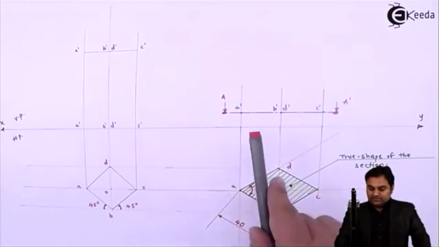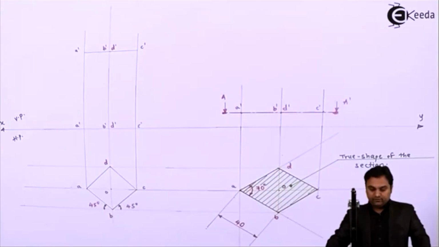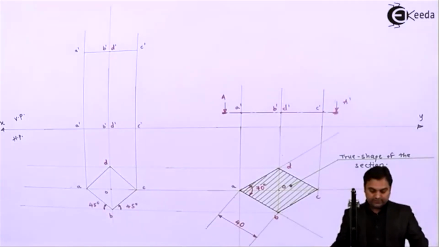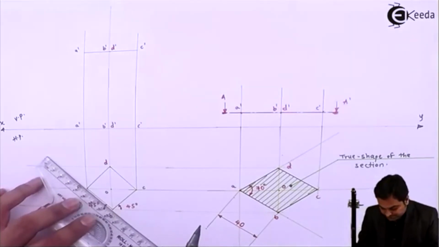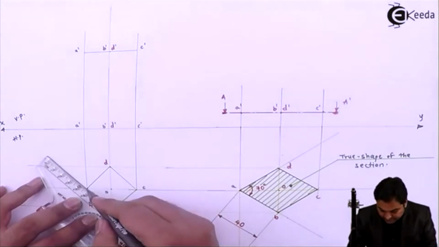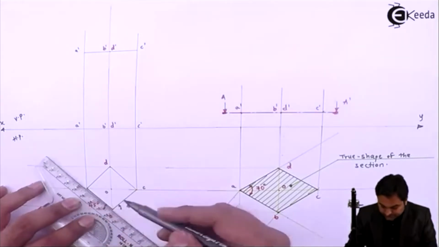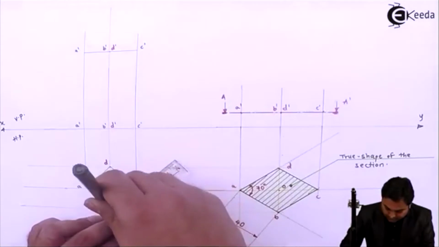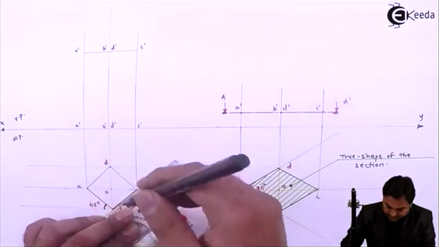Next, I have to adjust this cutting plane here, and for that, now we are going to get the sectional top view. It means there will be entire sectioning here. So for that, I'll make it dark. That is A to B, then B to C. Because from the top view, we are going to see the cut section.